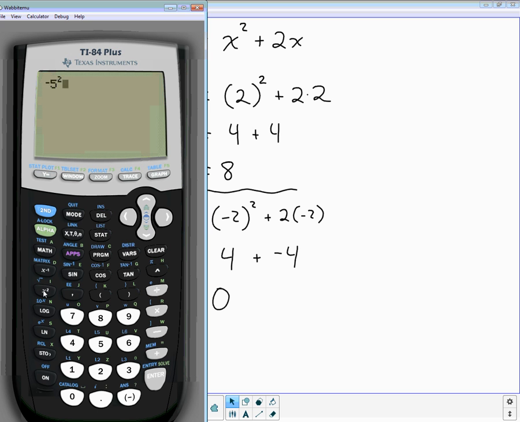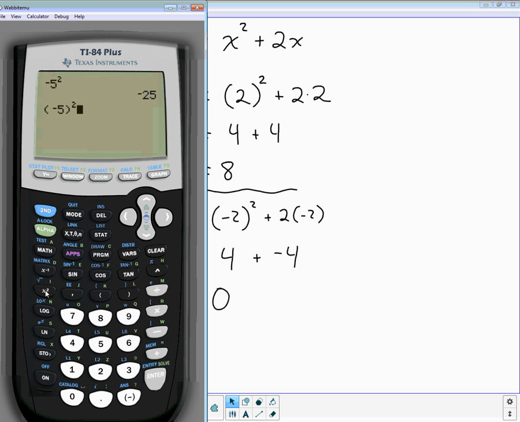It doesn't look at -5 as a single number. It sees -5 as 5 times -1. So it says 5 times 5, because that's what the exponent does, times the -1, and it gives you -25, which is not what you probably want.